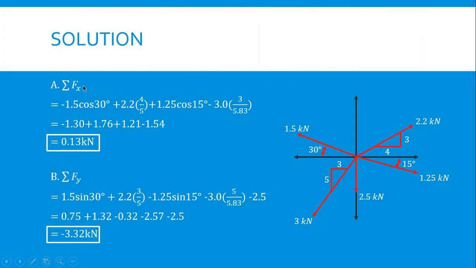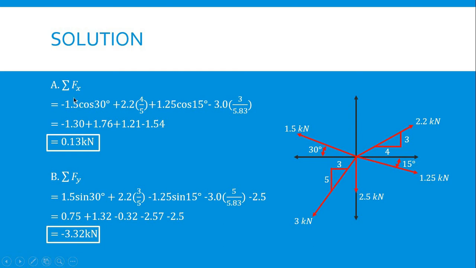So for the solution, we are going to get first the summation of F_x. First, 1.5 kilonewton. This is located in the second quadrant. That will give us negative 1.5 cosine 30 degrees plus 2.2 kilonewton multiplied by 4 all over 5, where 5 is the hypotenuse of this right triangle, plus 1.25 kilonewton cosine 15 degrees minus 3 kilonewton multiplied by 3 all over 5.83, which is the hypotenuse of this right triangle.